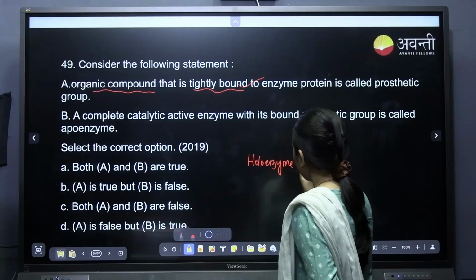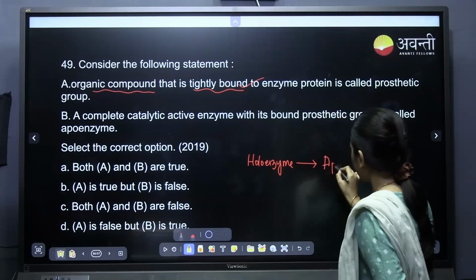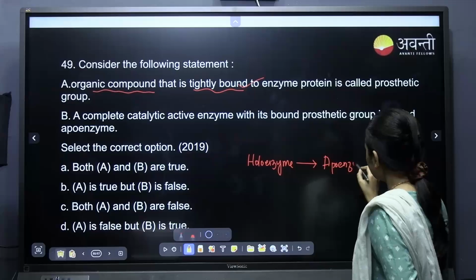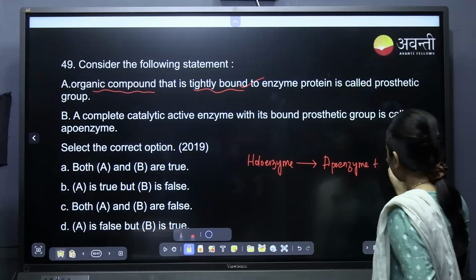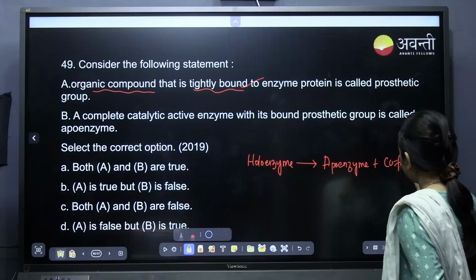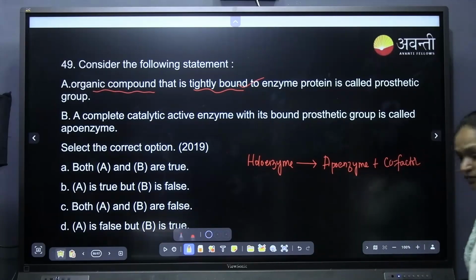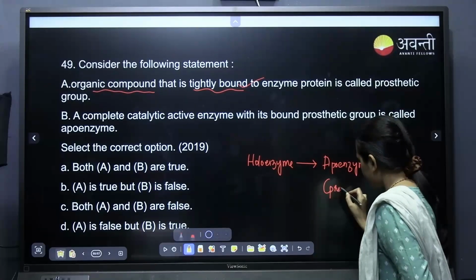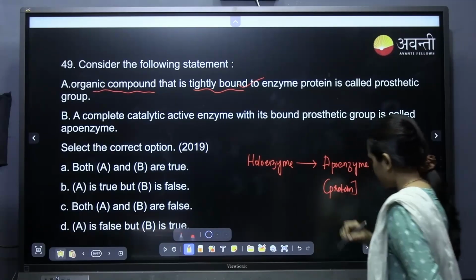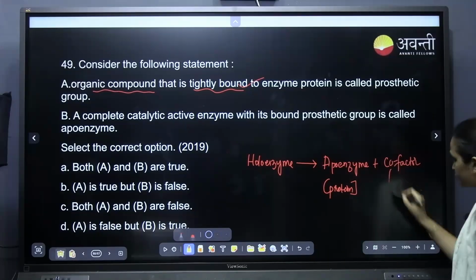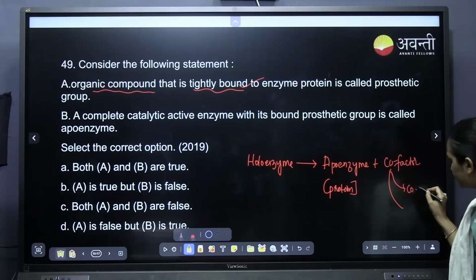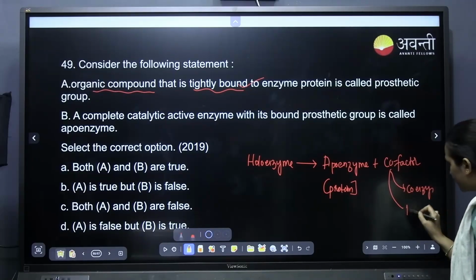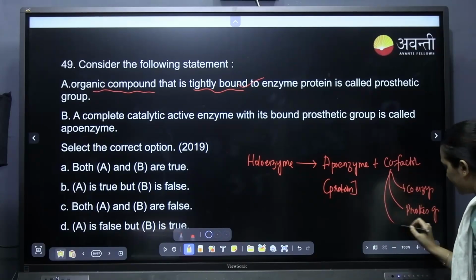Holoenzyme. It is made up of apoenzyme plus cofactor. What is this apoenzyme? Actually, it is the protein moiety. What is this cofactor? This cofactor can be a coenzyme, prosthetic group, or it can be a metal ion.